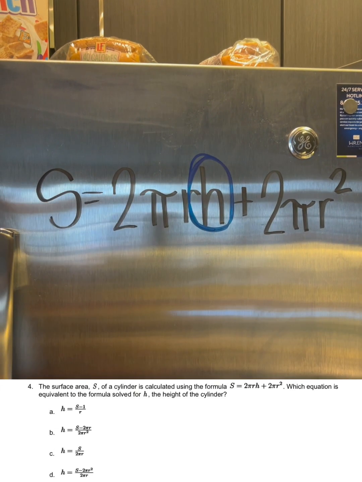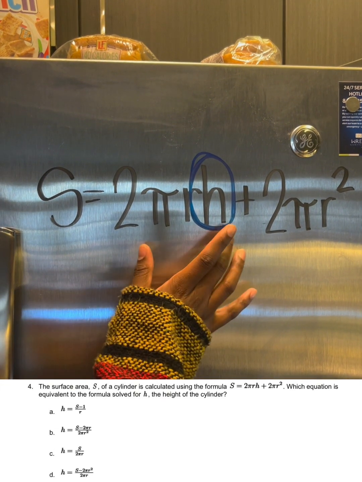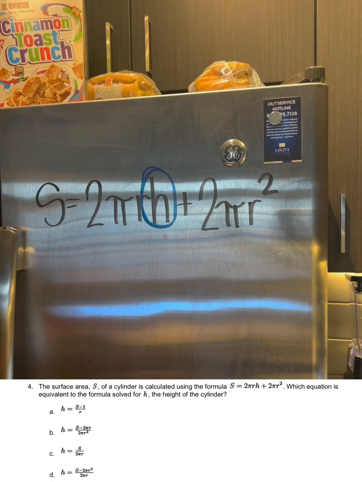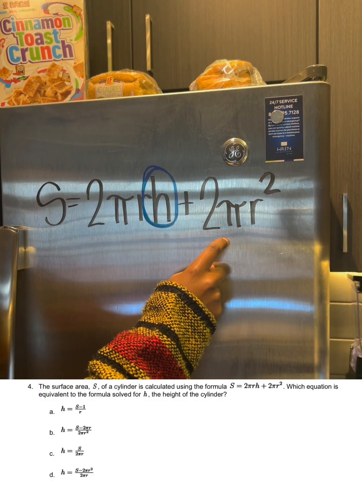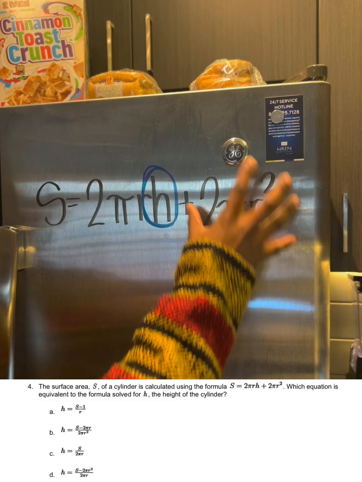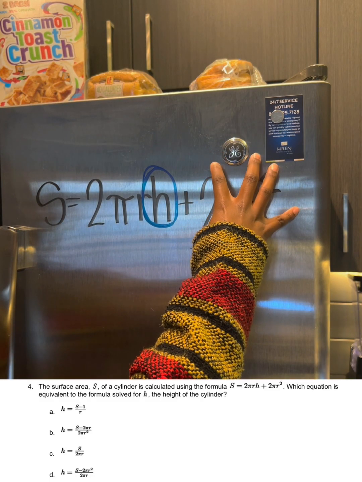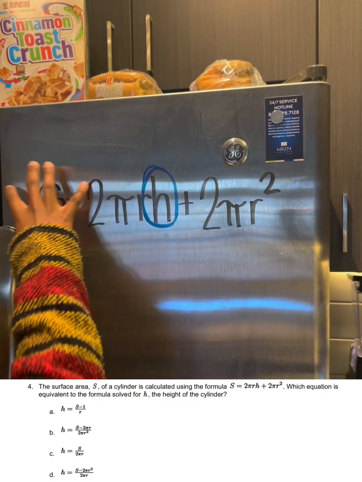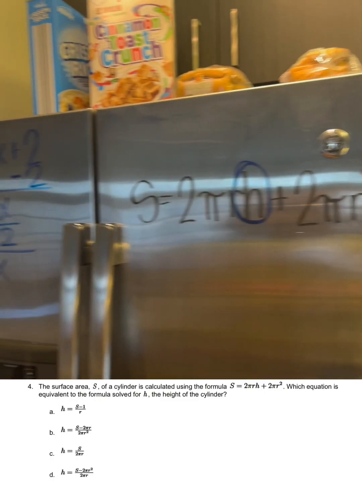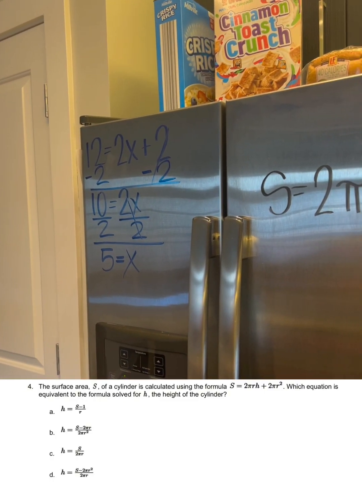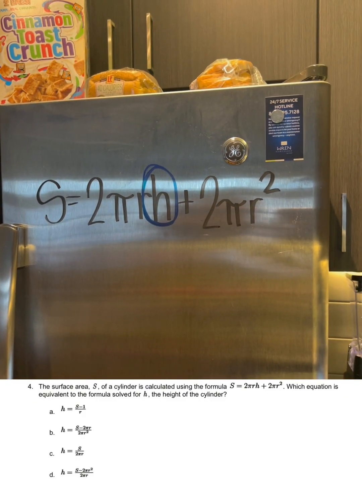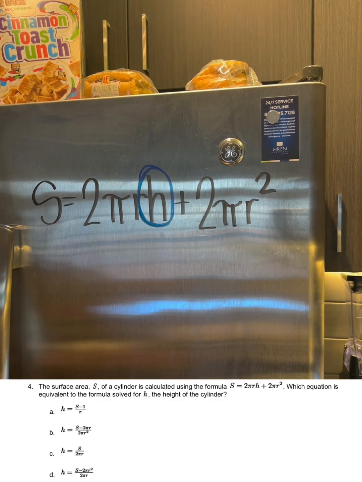What do I need to move first in order to get H by itself? I need to move this 2 pi R squared. I don't want to separate this. I don't care about this. I just need to move it to this side. Just like we moved 2 to the left side, we gotta move 2 pi R squared to the left side.